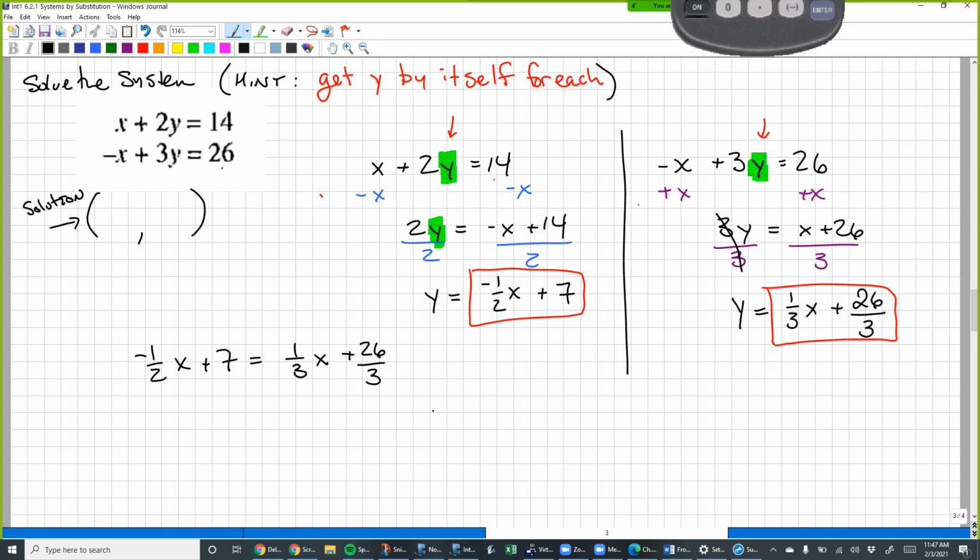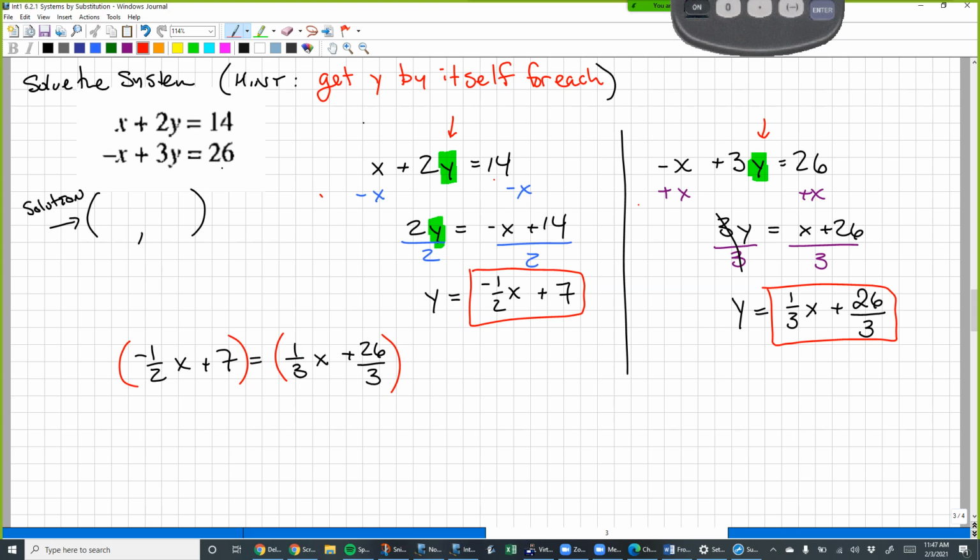And so if I'm trying to solve this, you might remember what we did, I think it was in December, maybe in November. We were solving equations that had fractions in them. And we went for a way to get rid of all the fractions. It was our fraction buster.